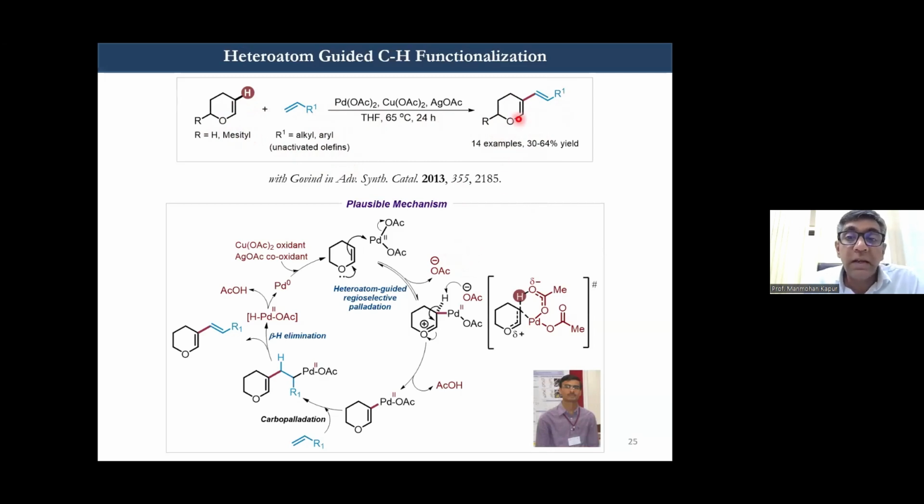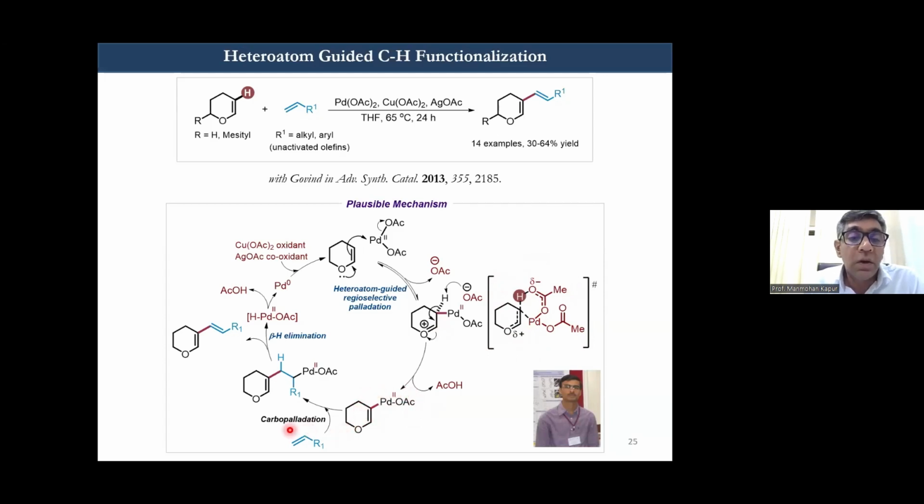So how is this working at the C3 position? Once again, because we can push the pair of electrons at the C3 position, you can now generate this particular palladium species. This organometallic species can be generated either in a stepwise fashion this way, or you can have a single transition state which gives rise to this particular organometallic species.